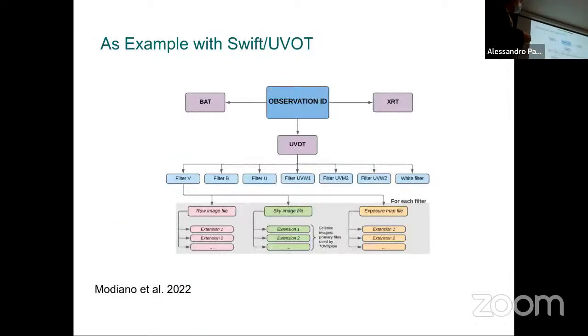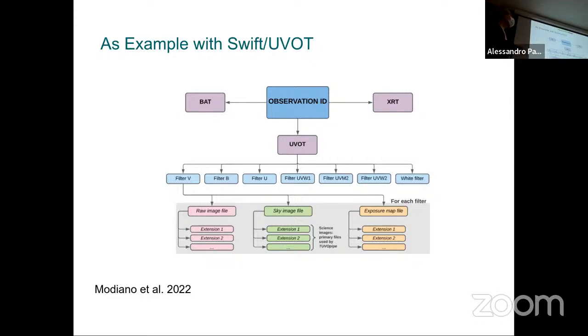Now, a few weeks ago, there was this paper published by Modiano et al., where they did something very similar, where they took the Swift UVOT. This is an ultraviolet and optical telescope on board Swift. Basically, they took the observations from the UVOT.